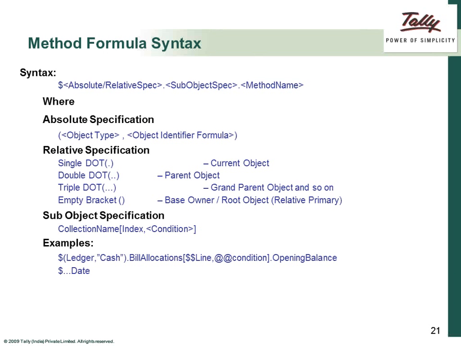The identifier formula can be a variable, a system formula, a direct text, anything that evaluates to the name of that master, because the unique identification that Tally holds to identify a master is its name.